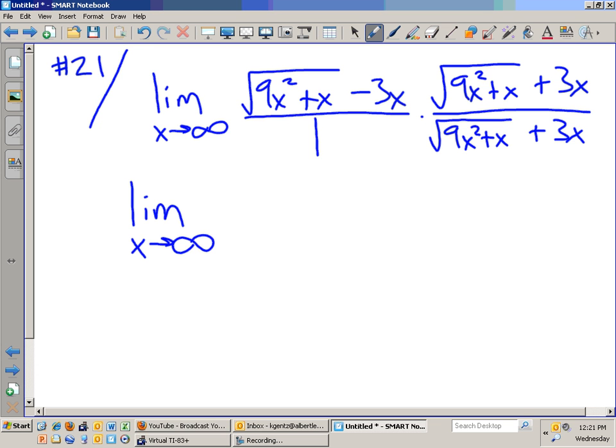This looks really bad, but it's really not too bad at all. What are you going to end up with on the top? 9x squared plus x, minus 9x squared.